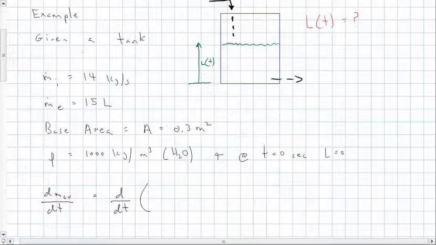Well, it looks like we have an area and a length. That would normally give us a volume. A volume times a density will give us mass. So let me write it out like this: density, area, L, which can then be equal to rho A dL dt.